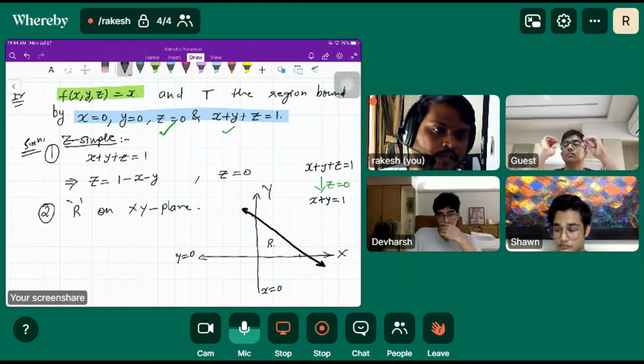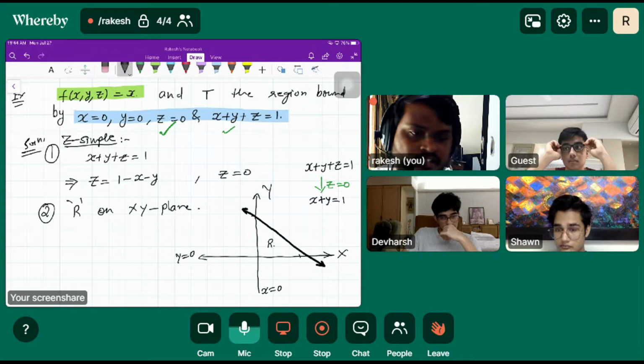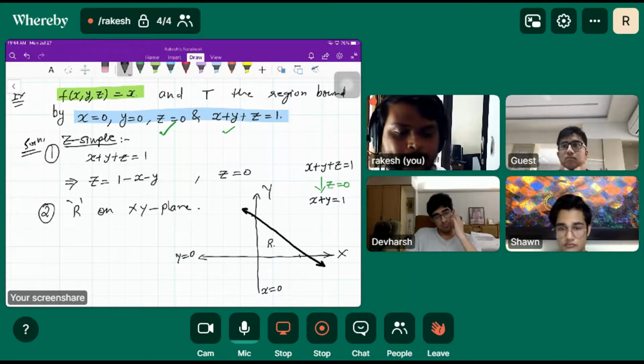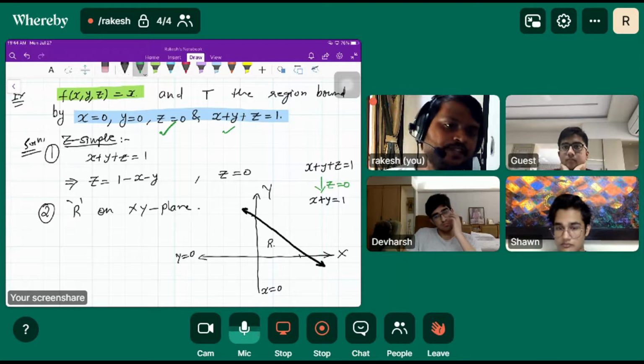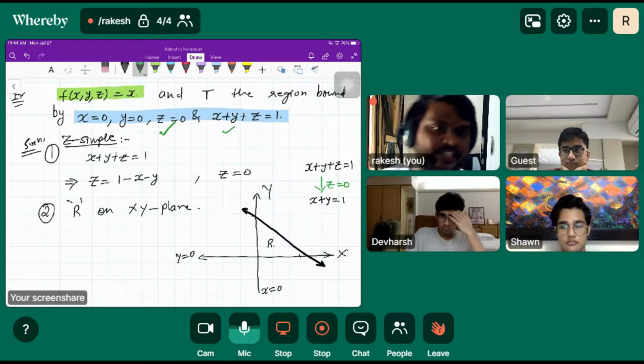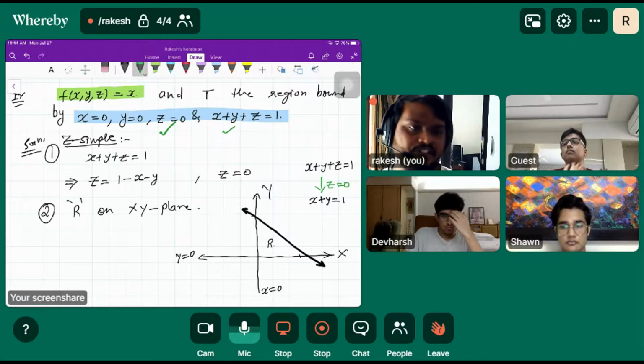Which order would you like to take for this region, dx or dy? Now we are left with a double integral.